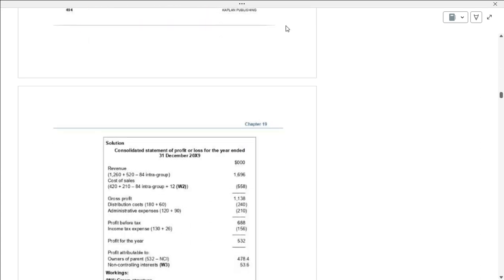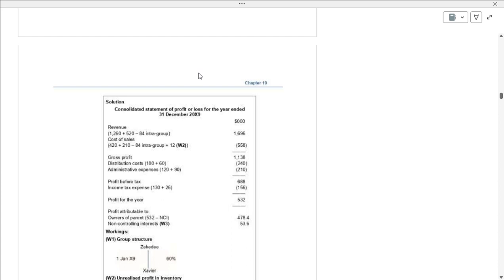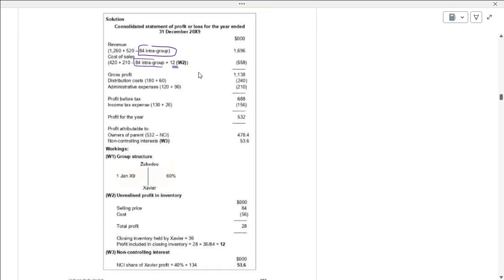See the thing. They have removed the purchases, and from the purchases they have removed the amount of the transaction with respect to sales and purchases, and this is what they have done with respect to the working on unrealized profit.